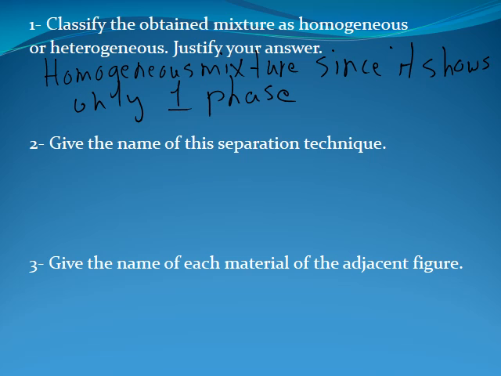Moving to 2. Give the name of this separation technique. Yes, Lua. Simple distillation. Okay, give the name of the materials of the adjacent figure. Part 3. 1. What does it stand for?